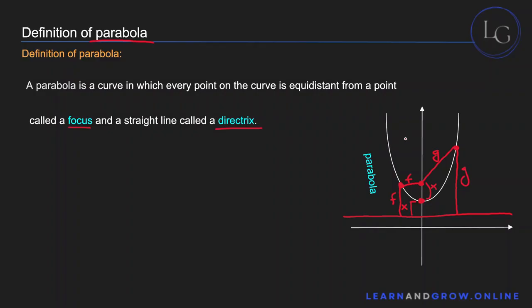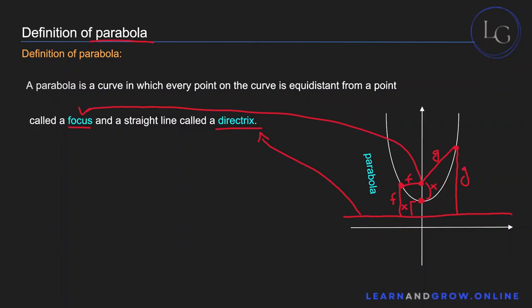Now this is what you call a complete geometric definition of a parabola, right? This point that you took is called the focus, and this line that you drew is called the directrix.